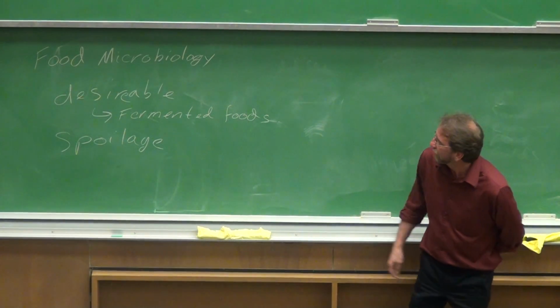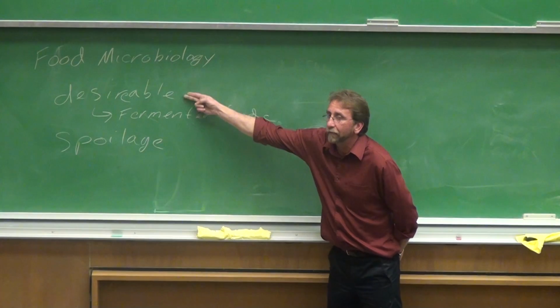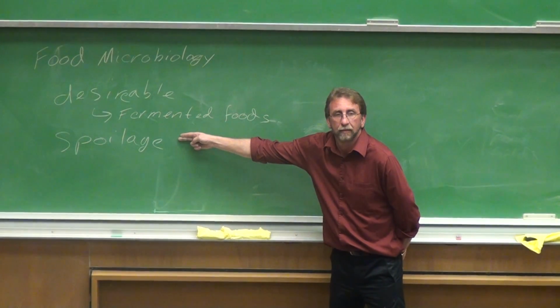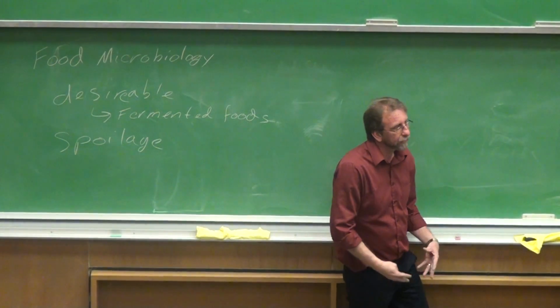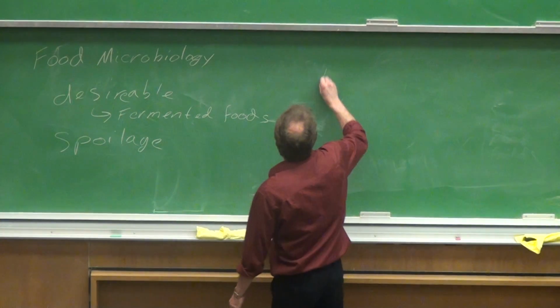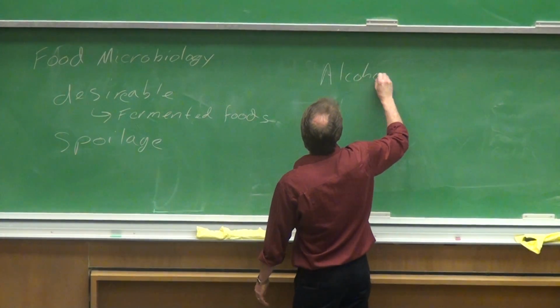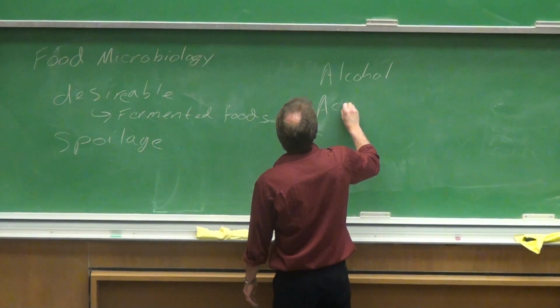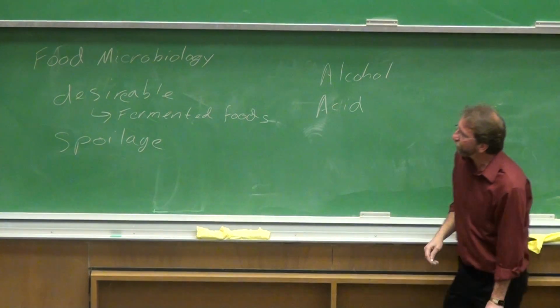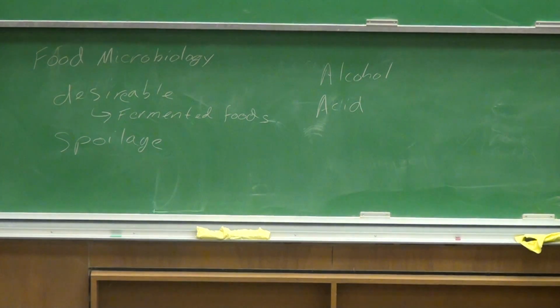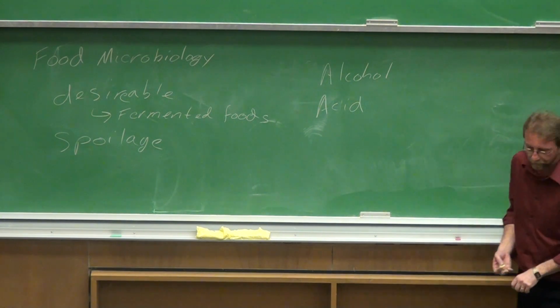But here's the thing. We are really talking about the same process. It's a fermentative process that leads to either alcohol production or, in the cases of most of the foods that we're talking about, an acid production, a lactic acid production many times.